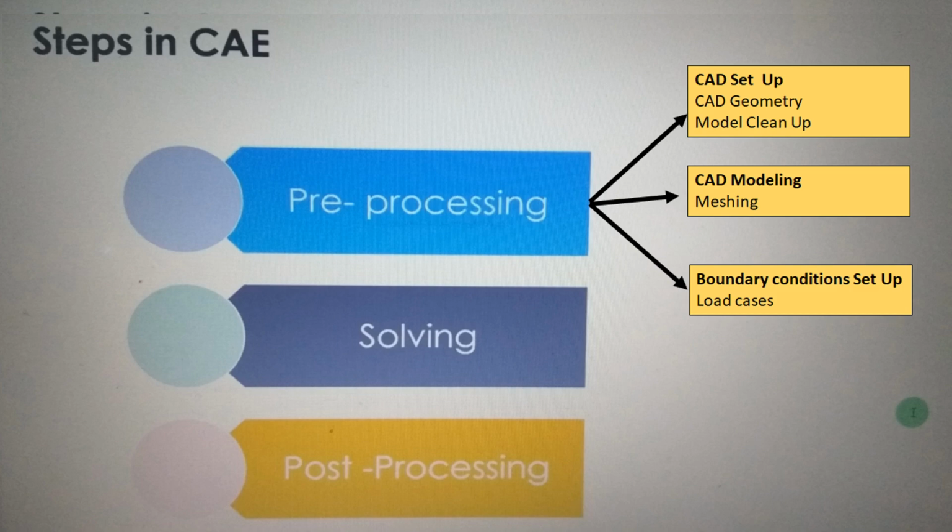For instance, if you're nailing an L bracket on the wall, one face of the L bracket is the boundary condition. When I'm nailing the L bracket on the wall, it is going to be fixed. No matter what, the face of the bracket is completely aligned to the wall and steadily fixed. And on the perpendicular area is where I'm going to apply my 10 kg load. This is my load case.